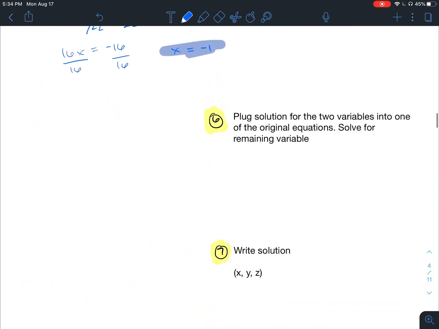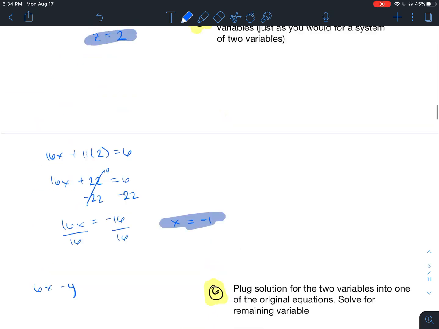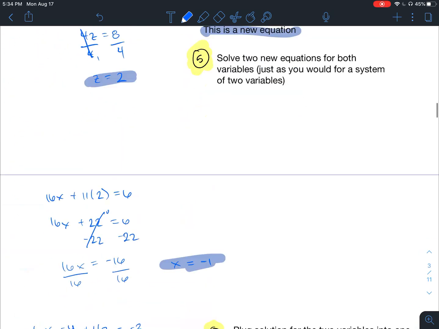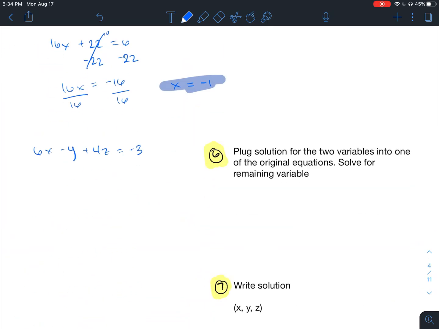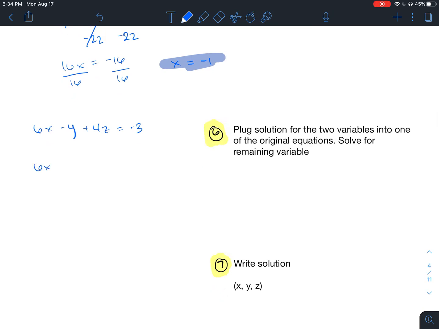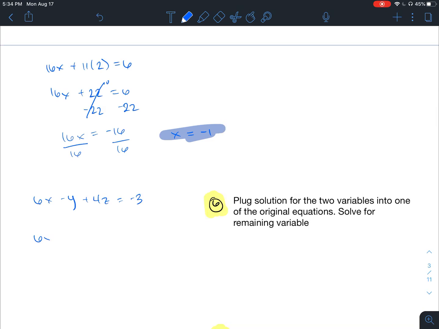6x minus y plus 4z equal to negative 3. Is that right? Yep. Okay, so let's go ahead and plug in what we have. So 6x minus y, we know what x is.